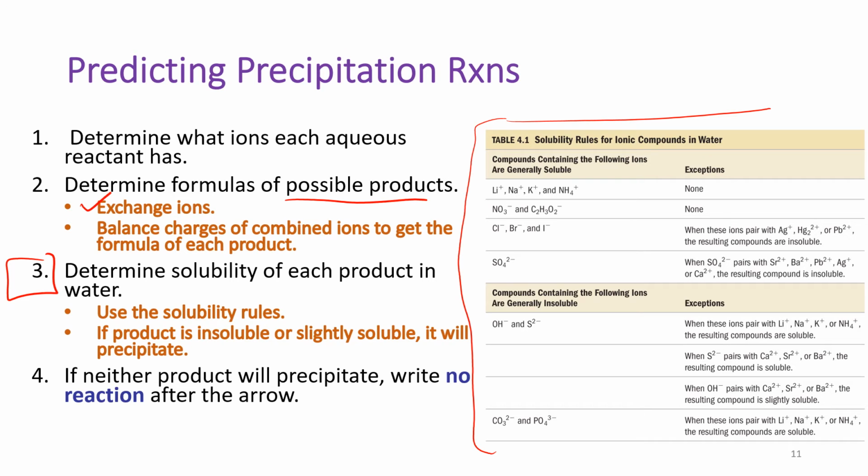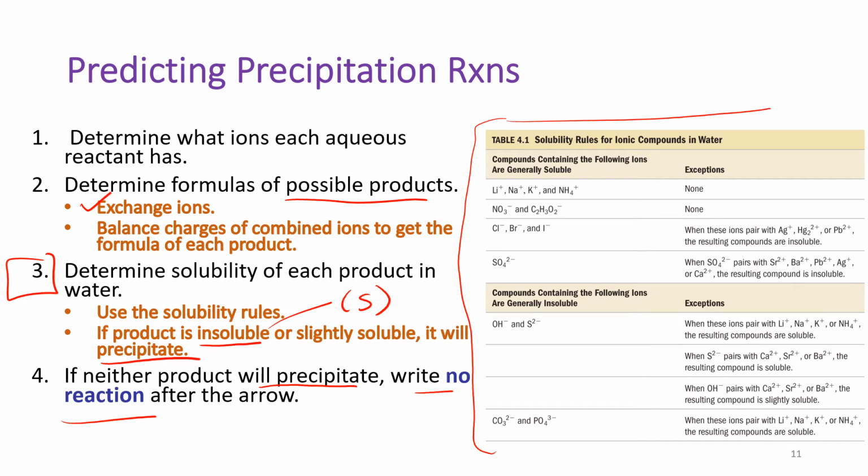If a product is insoluble, that means it will form a solid, so you will have to write the state as S, then it will be considered a precipitate.